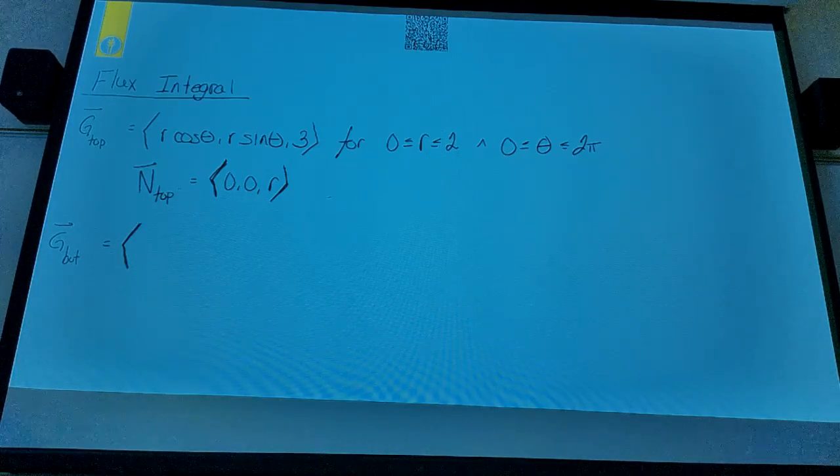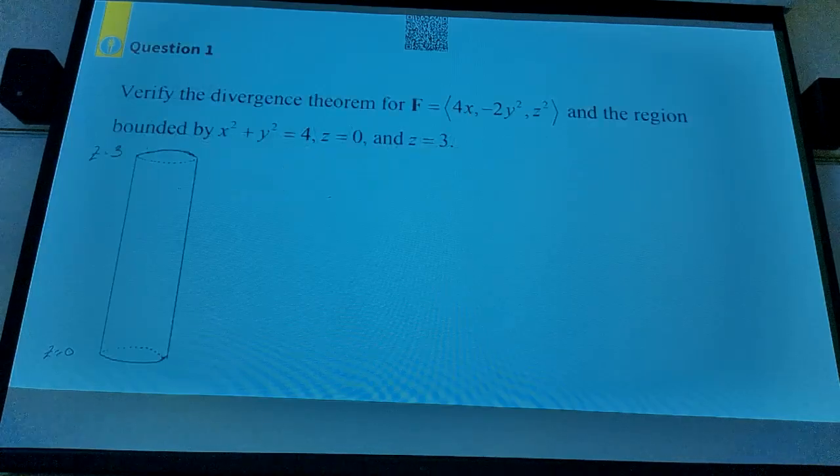The bottom. Well, again, it's just a circle of radius 2, right? But now it's located on the plane z equals 0.